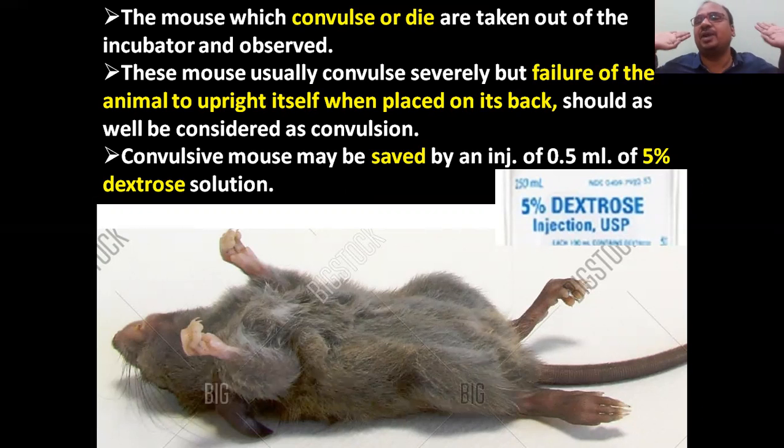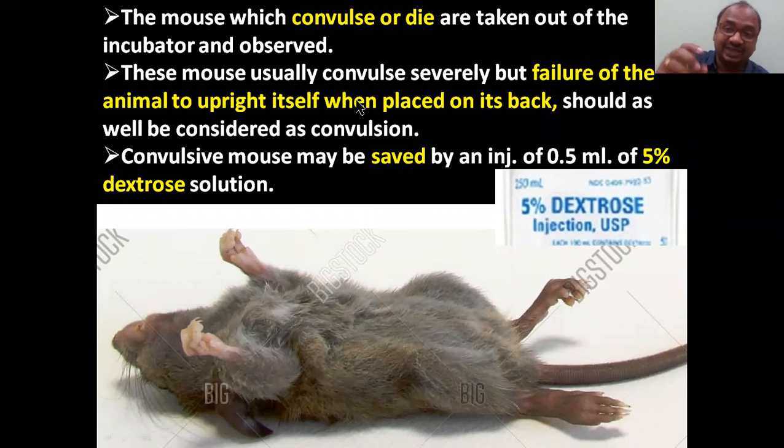If it comes, no problem, it is not paralyzed, not convulsions. You have to place the animal on its back, and it has to come to the normal position automatically, not with your help. If it is unable to come, it is paralyzed.